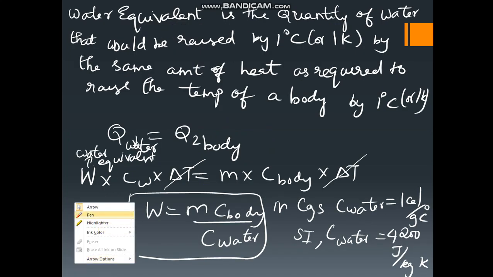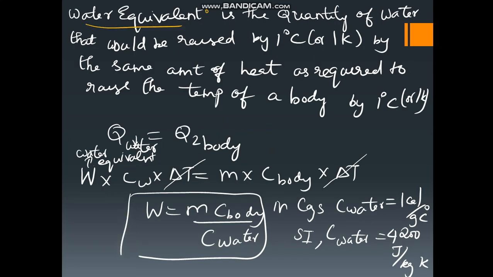Now what is water equivalent? Listen carefully. Suppose you are raising the temperature of a substance by 1 degree Celsius by some heat. If you supply the same heat to water, the amount of water whose temperature is raised by 1 degree Celsius by that same heat is called the water equivalent.